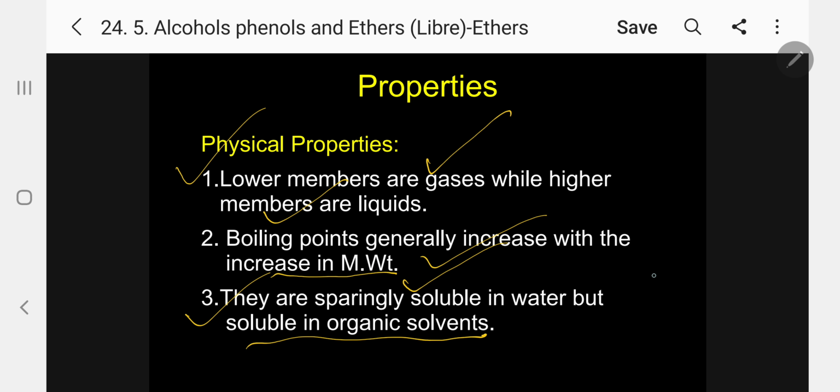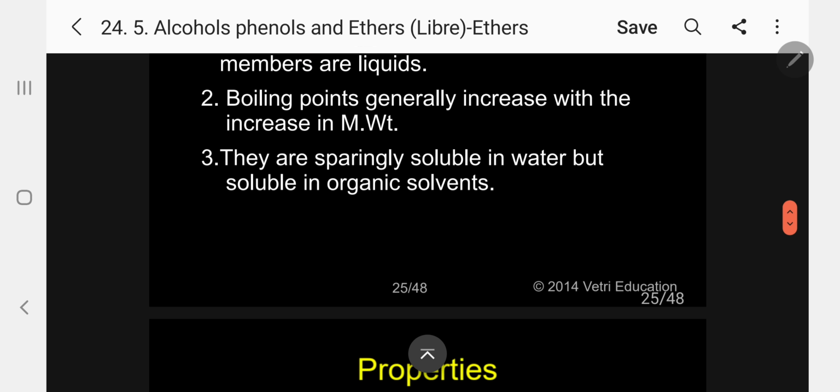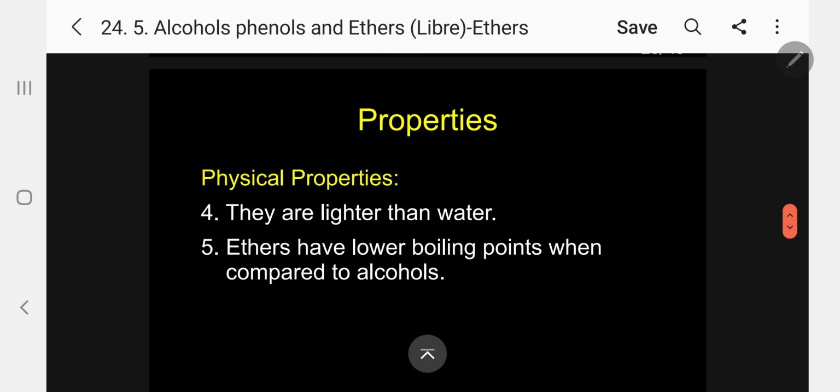So if you mix with water, it will be floating over water. Water has high density. This is commonly used for the separation of organic compounds in the laboratory; for separating phenol, we are using ether. Number 4, they are lighter than water. We have seen already. 5, ethers have a lower boiling point when compared to alcohol because no hydrogen bonding is possible. That's why it is low boiling.